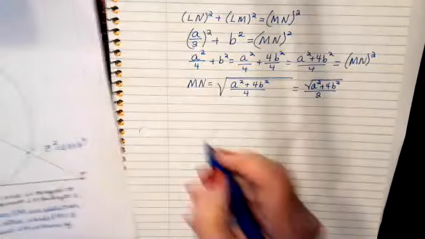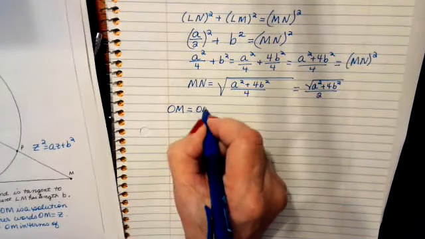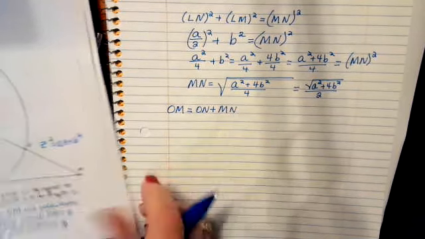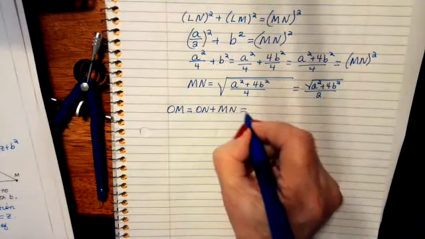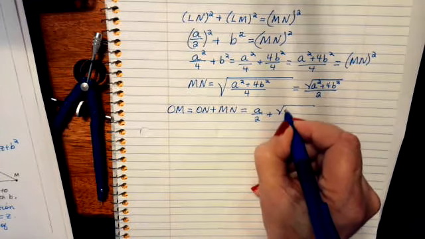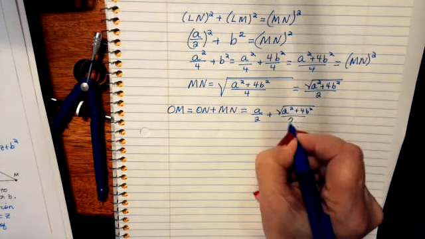So the length of OM is ON plus MN. And ON is another radius of the circle. So that's A over 2 plus the square root of A squared plus 4B squared all over 2.